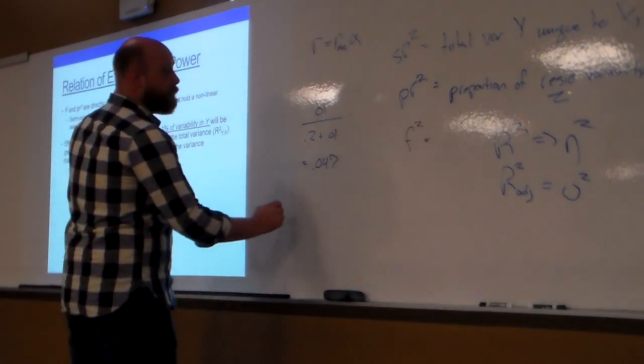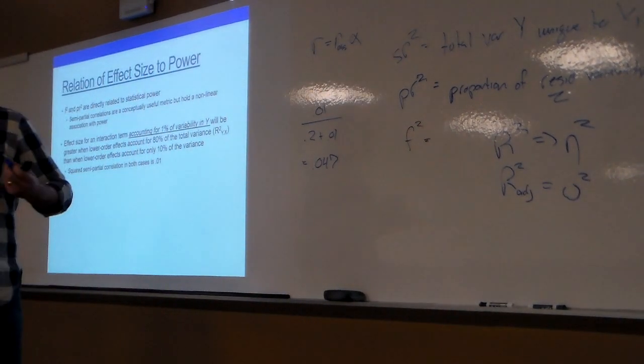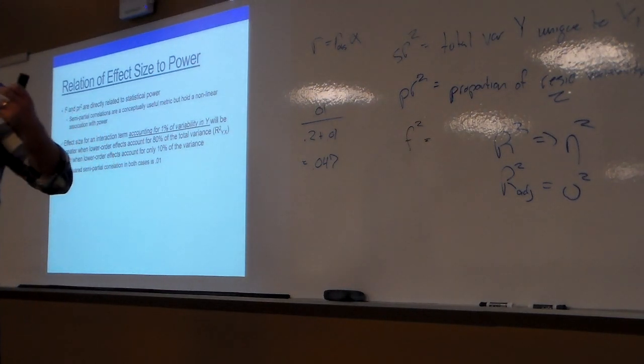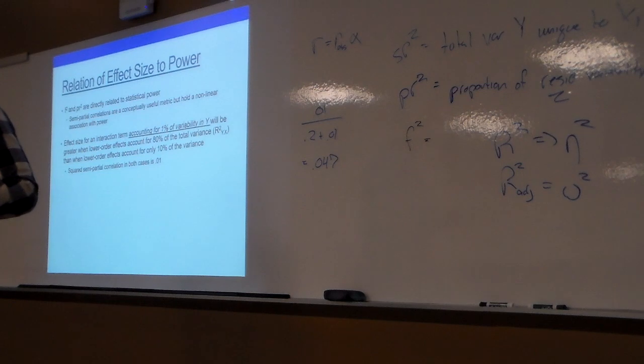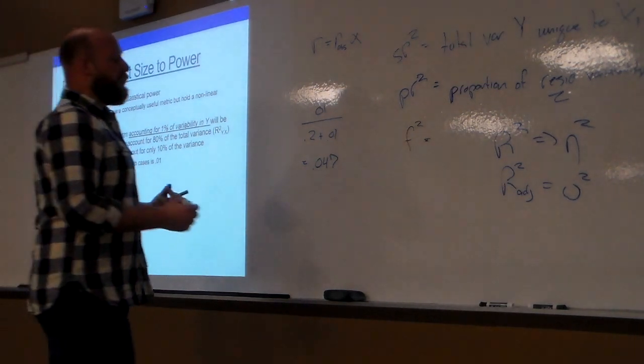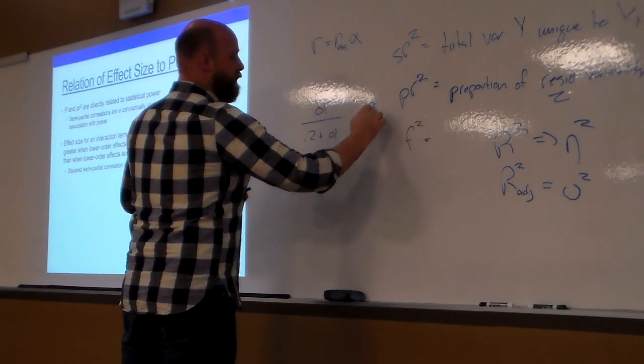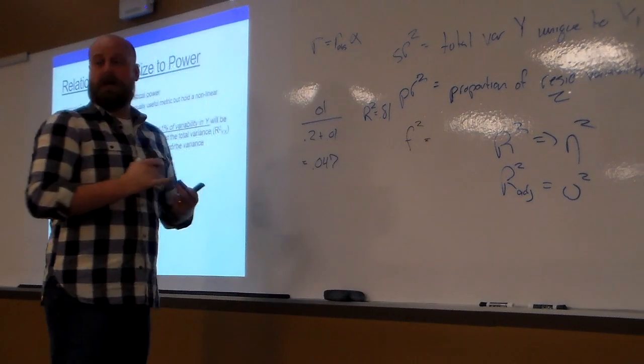So this is good, right? I've got a predictor, but the other variables in my model are accounting for a big chunk of what else is going on in the model. So I've got a really good model. Essentially, in this case, my R squared is going to be 0.81, right?